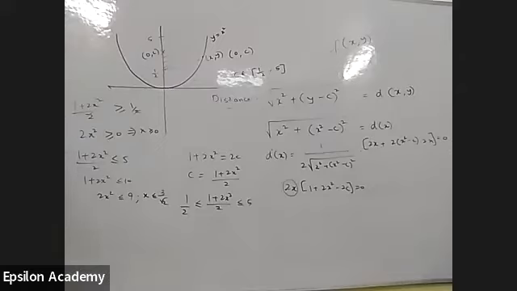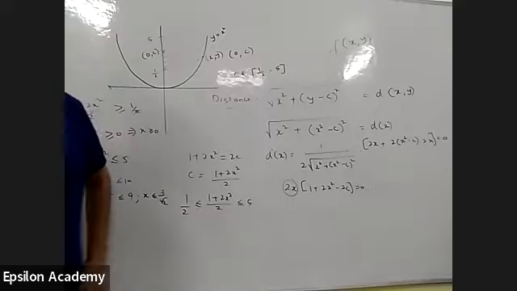But what did they do? So d dash of k is equal to 2c minus 1. Observe that k is less than 2c minus 1. So they use the concept of the first derivative test.